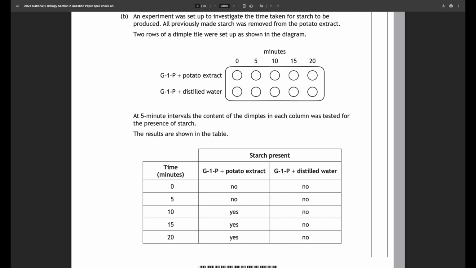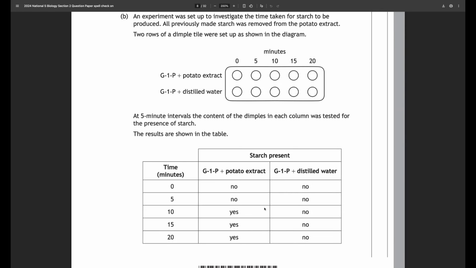So therefore, we would expect to see a change in that first row there. In the second row, we have G1P in distilled water. Now, this time, we've removed the potato extract, which means we've removed the enzyme. And without an enzyme catalyzing that reaction, nothing is going to happen. Okay, and we can see that based on the results. The G1P in potato extract eventually detects starch is present.